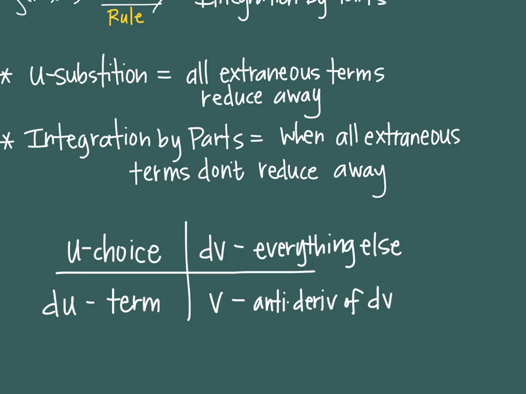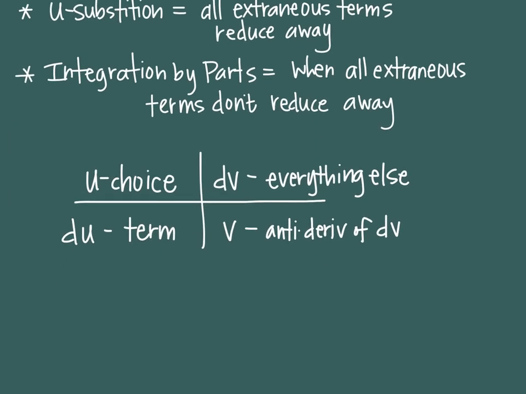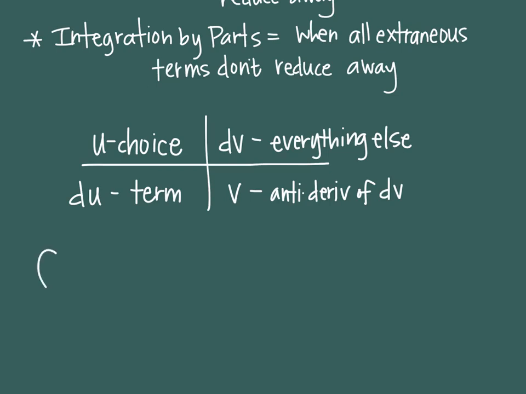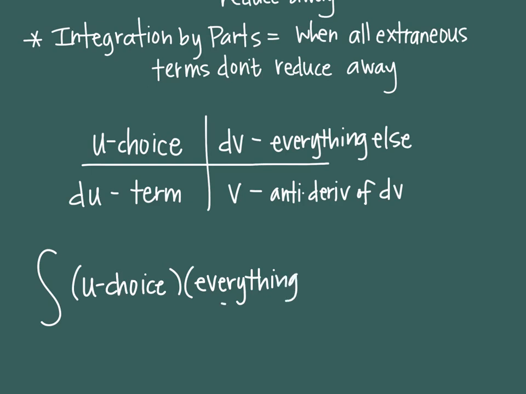It'll make sense when you see me do it, but let me give you the formula as well. So what happens is you start with a question, and you need to divide the question into what you're choosing for your u and what you're not choosing for your u, which is going to be everything else. And you're going to call that dv. So you're going to take part of your problem, that'll be my u.